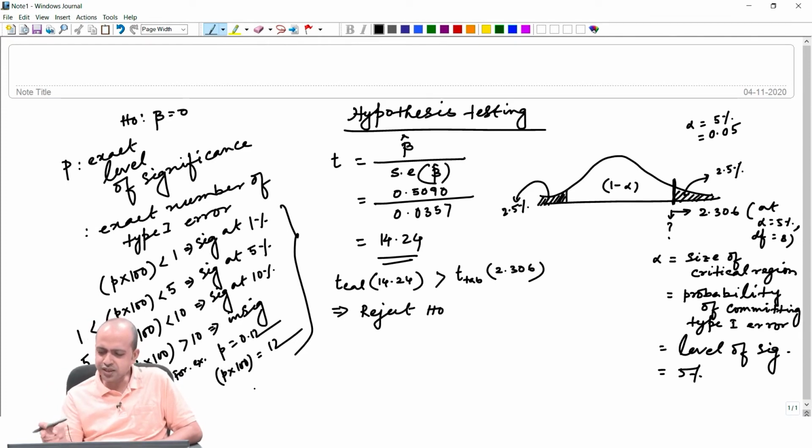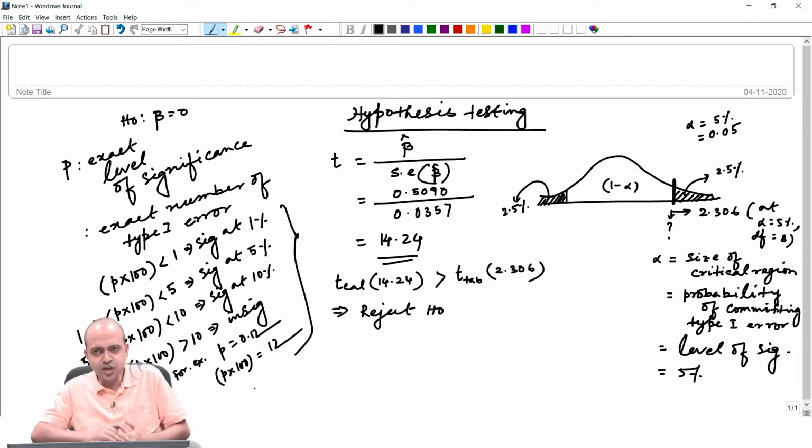That means all this exact level of significance will be converted into 1%, 5% and 10% after multiplying this by 100. If it is less than 1, then it is significant at 1%, if it is less than 5 but greater than 1, then significant at 5%, greater than 5 but less than 10, it is significant at 10% only, and after multiplication if it is greater than 10, then we will say that this is insignificant actually.